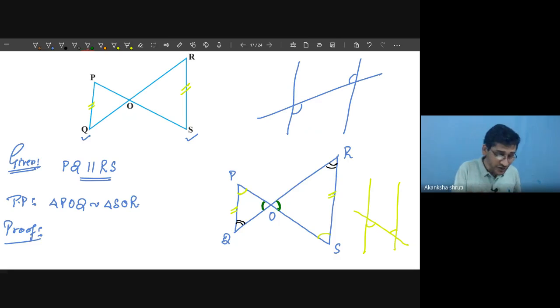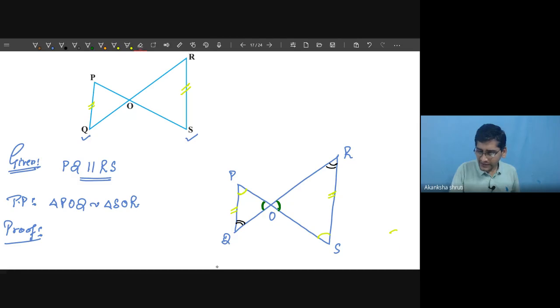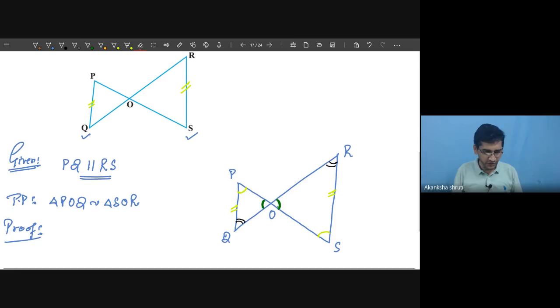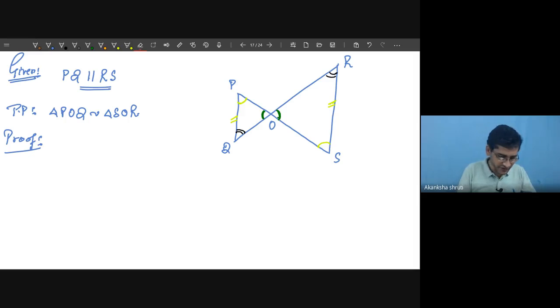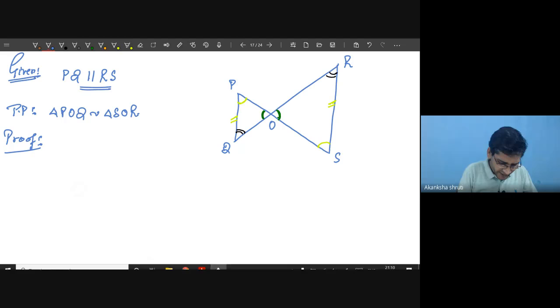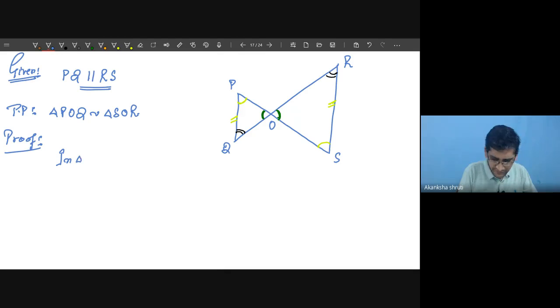So these things we have to write. Writing is very important in geometry. So how to write? For that, we are taking the two triangles side by side. We will write all the corresponding thing for the one triangle, then the same after the equality for the other triangle. So write it. So take in triangle, one is PQO and triangle, student, don't worry for writing at the top the triangle PQO and triangle SOR.